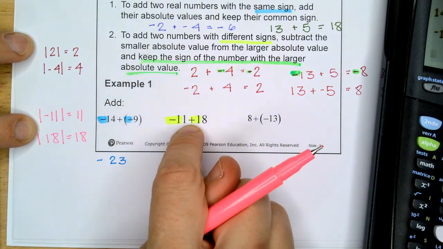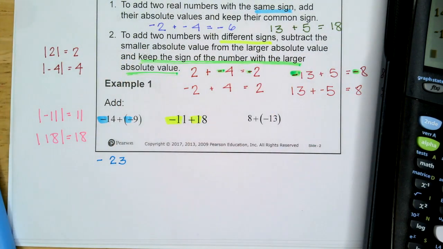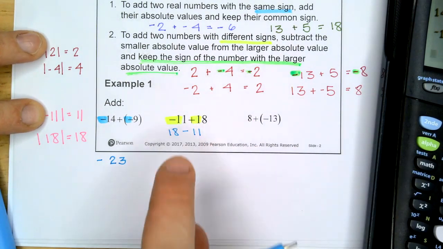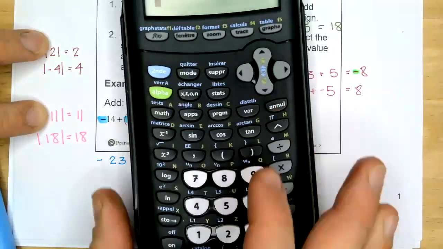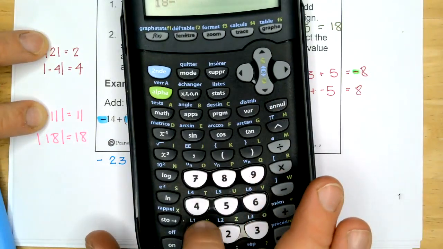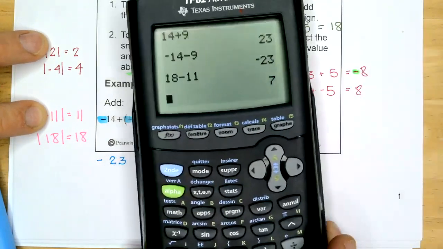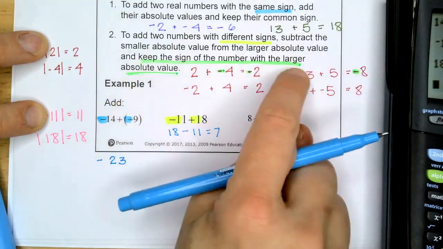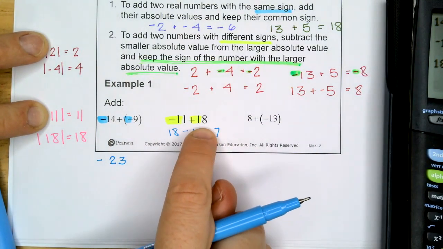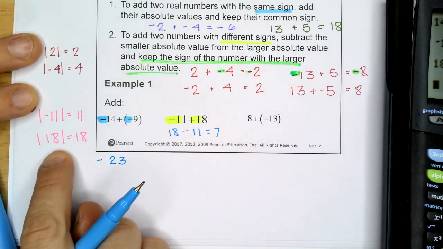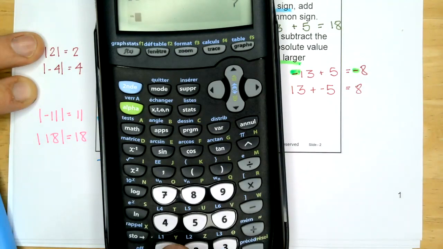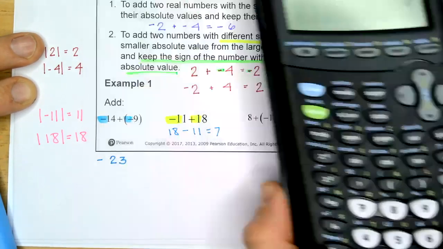Subtract the smaller absolute value from the larger absolute value. That means we have 18 minus 11, which is 7. Keep the sign of the number with the largest absolute value. The largest absolute value is 18. It was a positive 18, so it's a positive 7. Negative 11 plus 18 is 7.